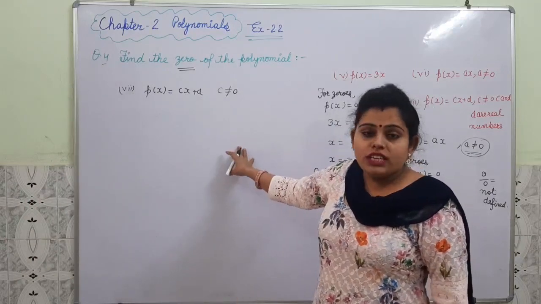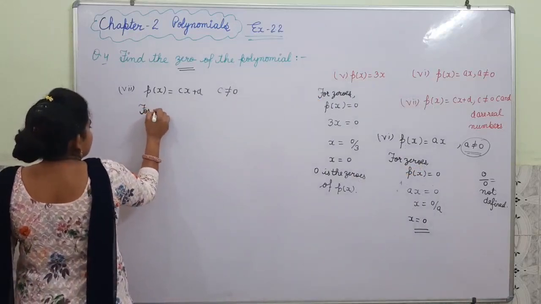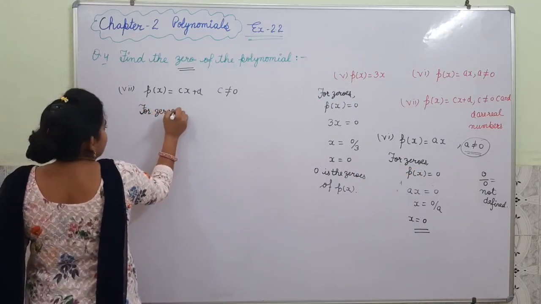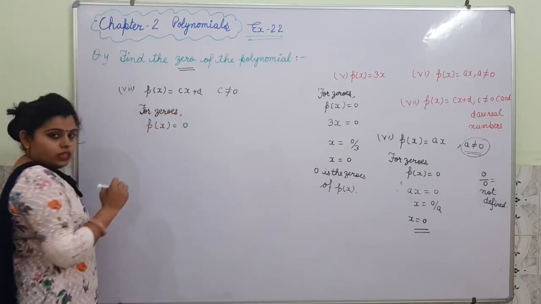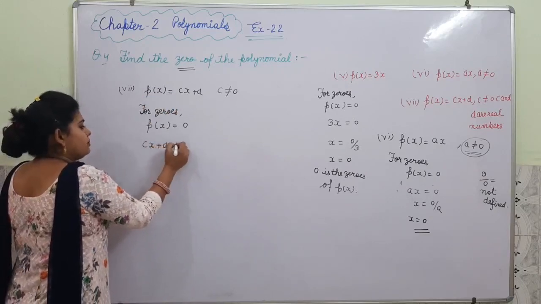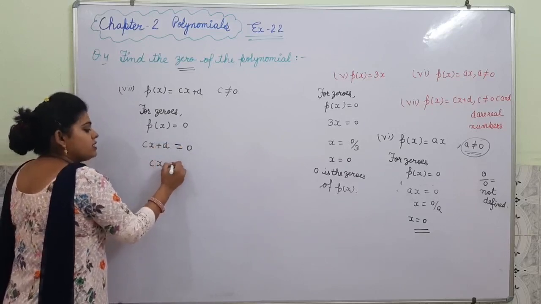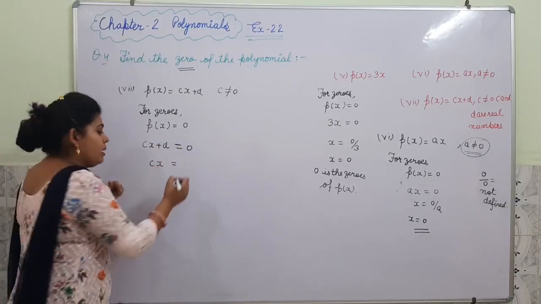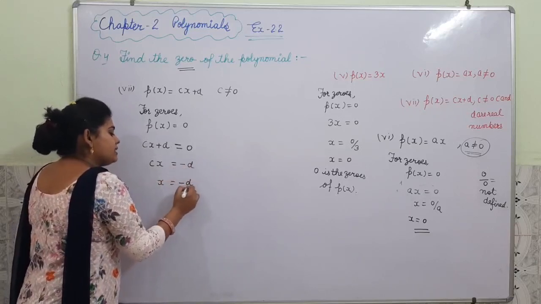So for zeros, what will we do? P of x is equal to 0, so cx plus d is equal to 0. Cx is equal to minus d, and x is equal to minus d by c.